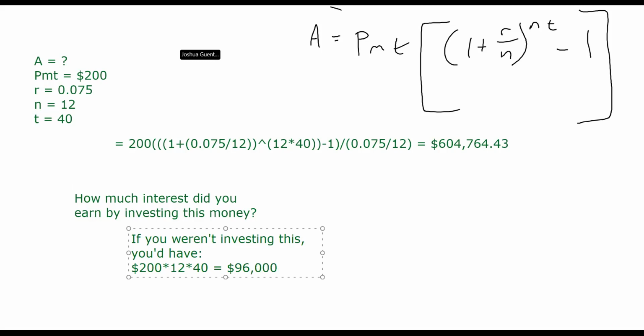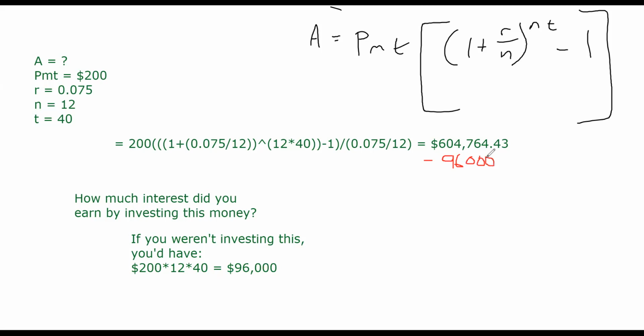Everyone do the Owen Wilson. Wow. Yeah, that's a lot different. You take the same $200 a month. Either way, whether you invest it or not, you still got to scrimp and save for $200 a month. You take that same amount and you invest it, you end up with $604,000. You don't invest it, you only end up with $96,000.